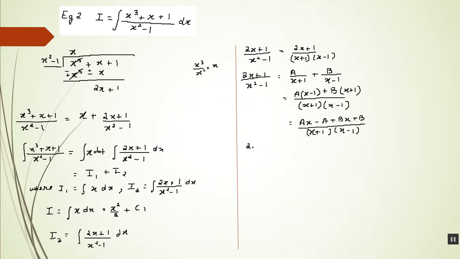Therefore I'll get 2x plus 1 is equal to x into a plus b plus minus a plus b.